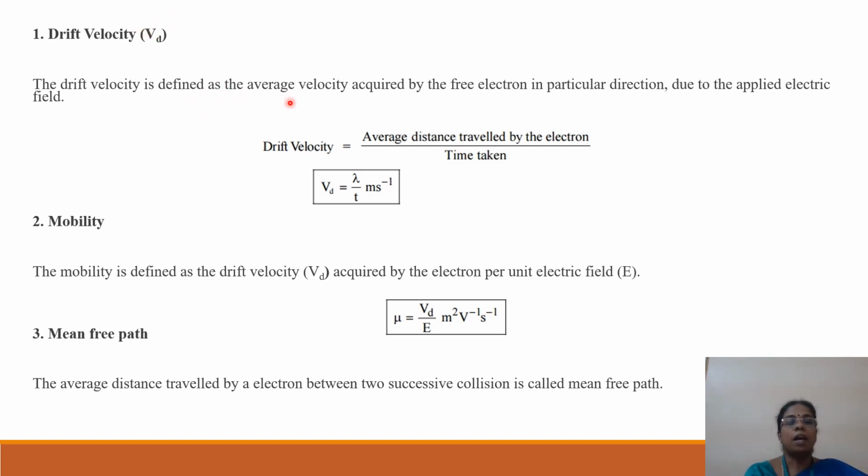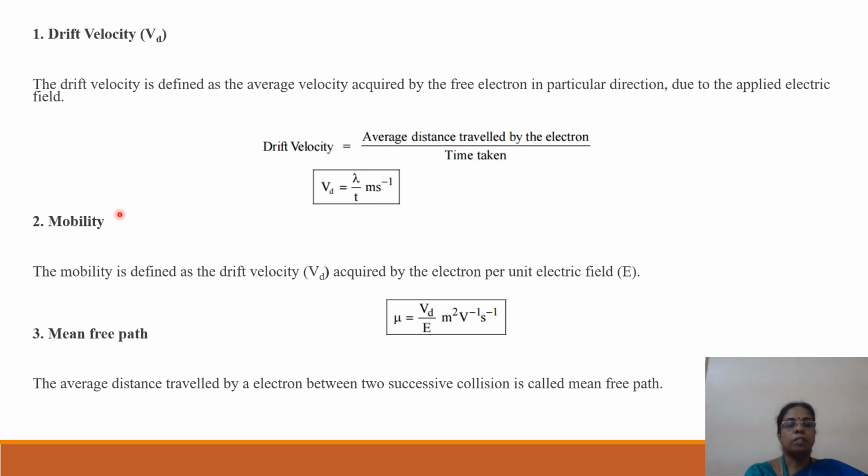It is defined as the average velocity acquired by a free electron in a particular direction due to the applied electric field. So the drift velocity Vd is the ratio between the average distance traveled by the electron and the time taken. The average distance is denoted by lambda and the time taken is tau. So Vd is equal to lambda by tau, and the unit is meter per second.